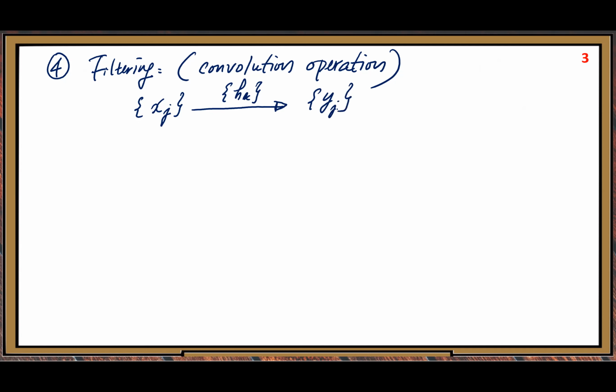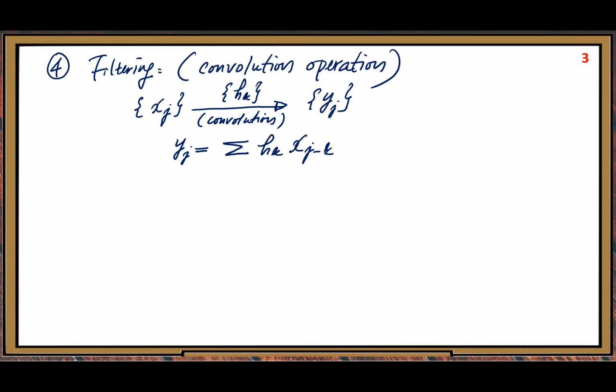The operation is convolution, and its definition is Yj equals summation of Hk times xj minus k.